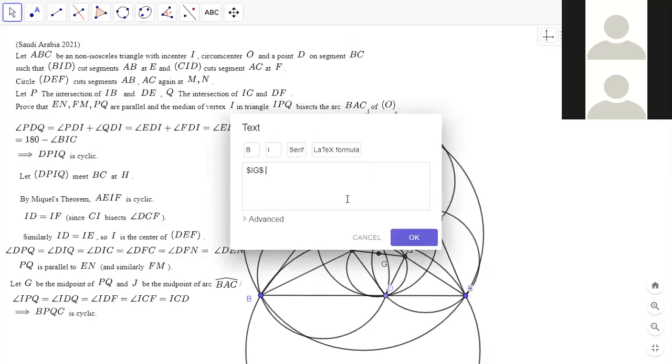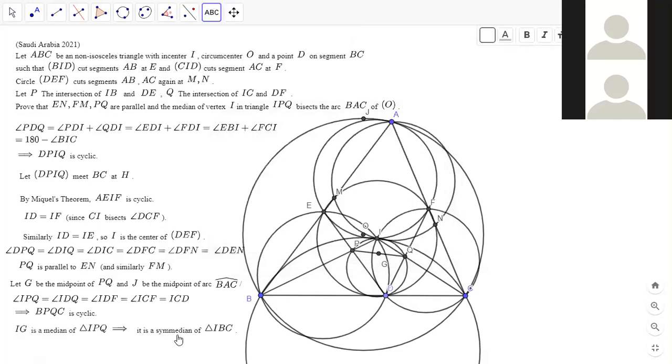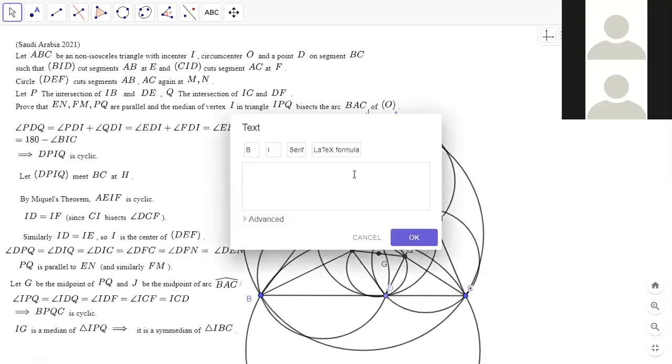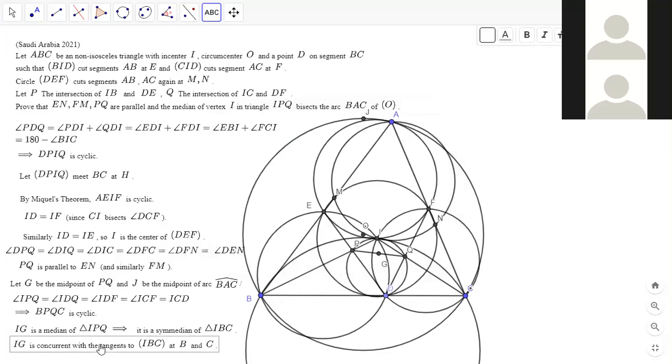And then that means that IG is concurrent with the tangents to the circle IBC at B and C. So that means that IG passes through J because those concur at J. That's not hard to prove.